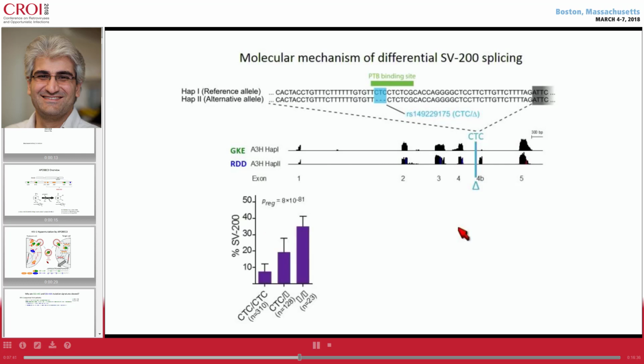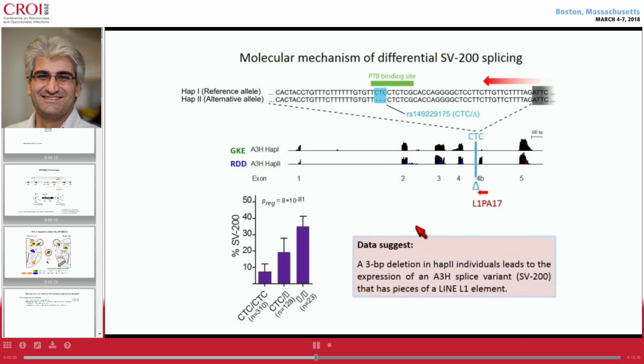If both alleles are deleted, you have the highest expression of this exon, and therefore the highest expression of SV200. If neither is deleted, you have very little expression of this exon and little expression of SV200. If someone is heterozygous for this deletion, expression is intermediate, with a very high p-value.